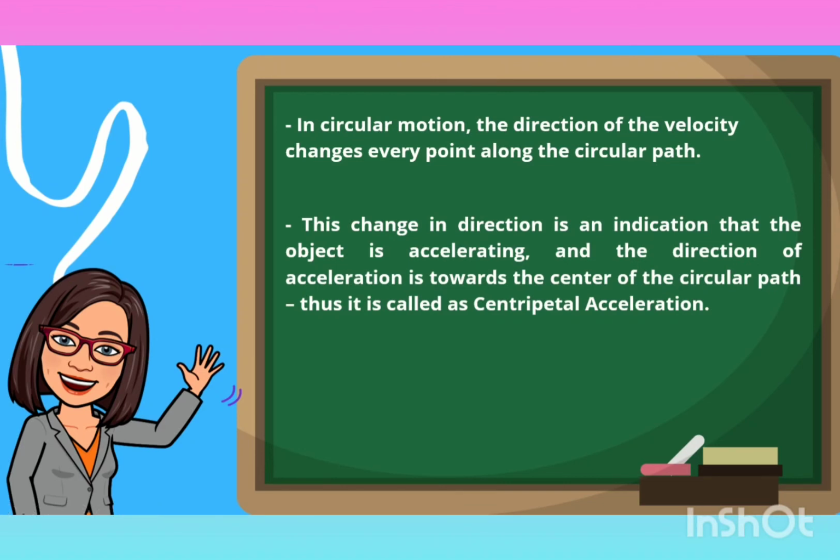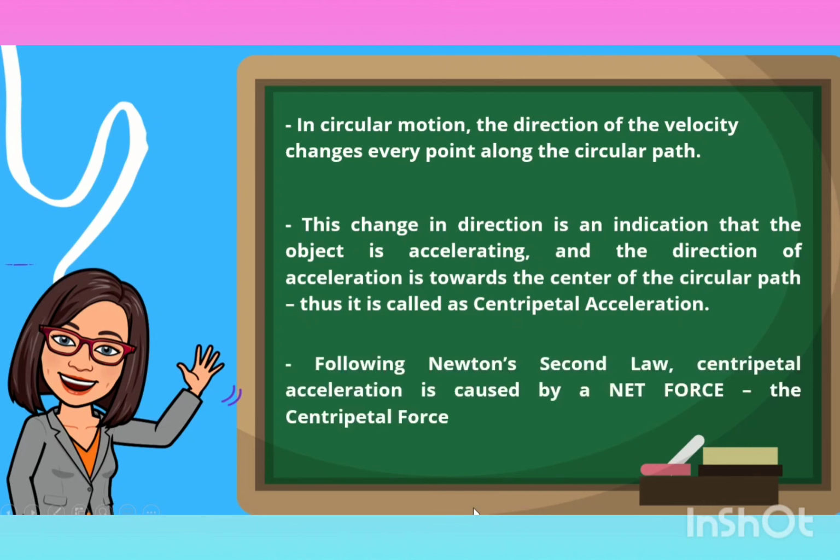This change in direction is an indication that the object is accelerating and the direction of acceleration is towards the center of the circular path. Thus, it is called as centripetal acceleration. So, if the acceleration is due to the circular motion, we call it as centripetal acceleration.